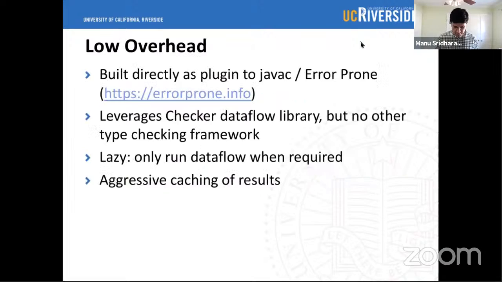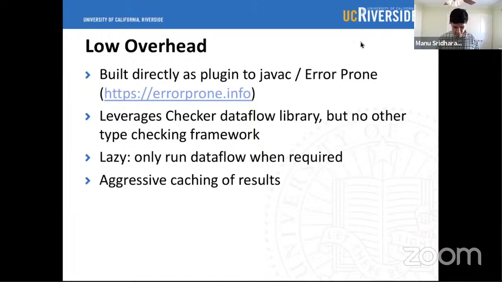So in terms of low overhead, there wasn't really any magic here. All we did was engineer the fastest type-based null pointer checker that we could. So we built it directly as a plugin to the Java compiler.